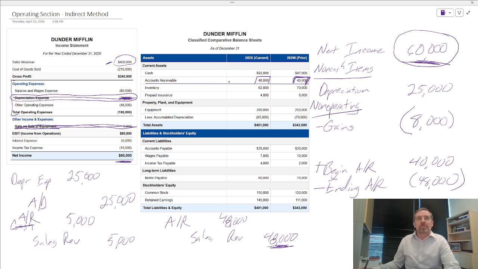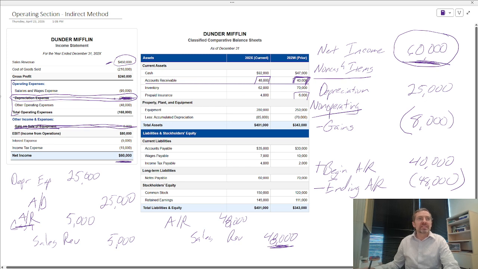All right, so all of our current assets are going to work pretty much the same way. For example, prepaid insurance. With the $6,000, we say we paid that last year. So even though this ends up as an expense in this 48,000 over here, we paid the cash for it last year.